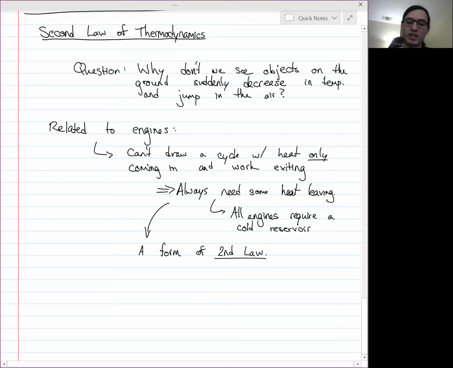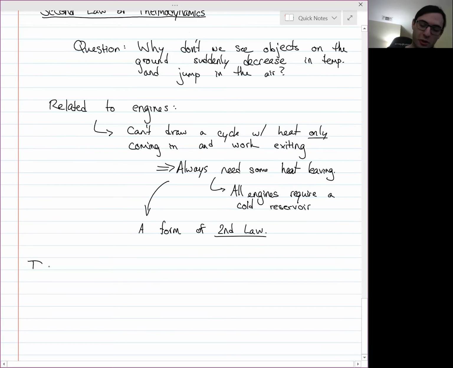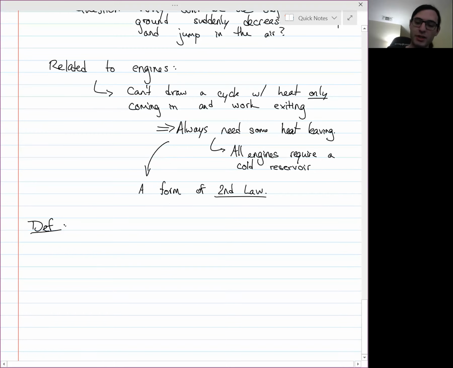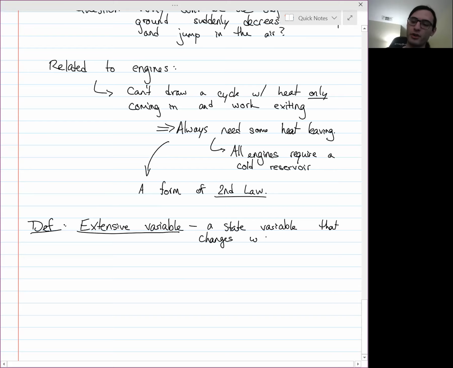Before we continue, I need to define a few new terms that we haven't actually seen yet. The first term is an extensive variable. An extensive variable is a type of state variable that changes with the size of the system.